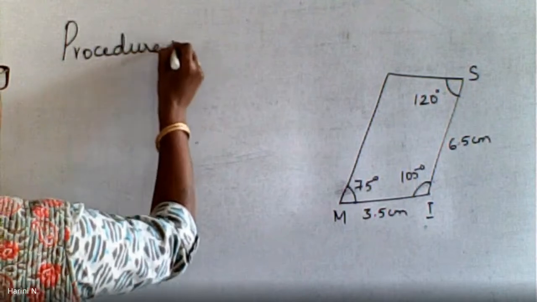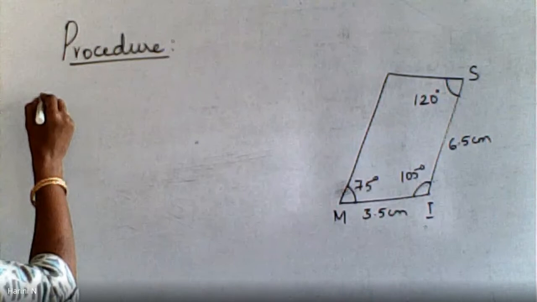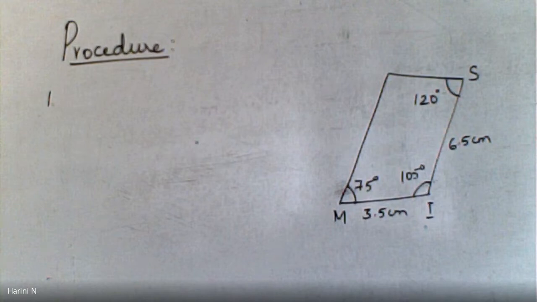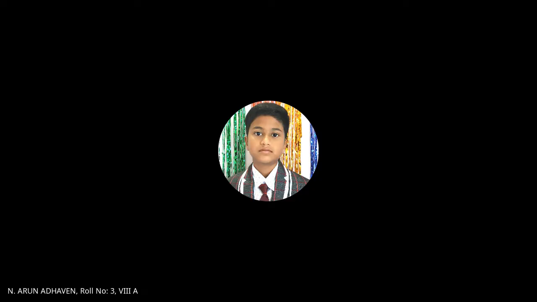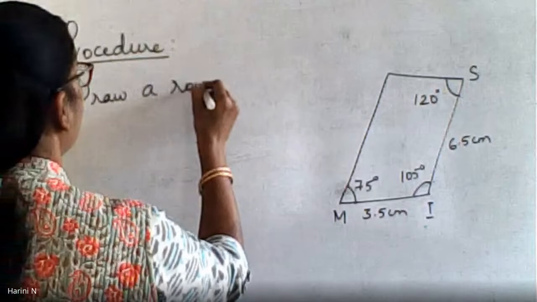Now again we are back to the ruled side. Let's write the procedure. You should be able to recall the steps one by one. What was the first step? Ma'am, draw MI equal to 3.5 centimeters. No, that's not the first step. Ma'am, draw rough figure of quadrilateral MIST.